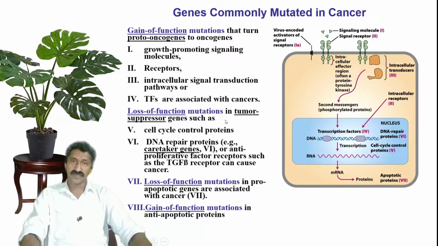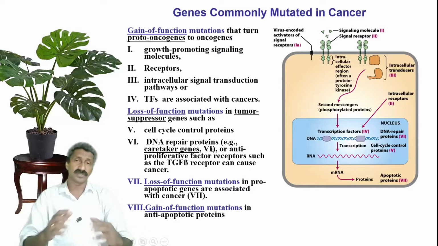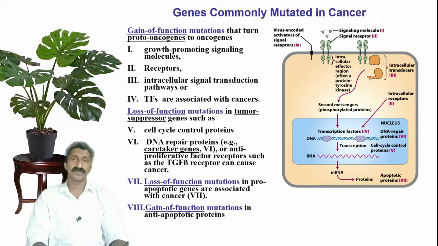Then loss of function mutations in tumor suppressor genes such as cell cycle control proteins. They are tumor suppressors. So cell cycle control proteins and DNA repair proteins, 5 and 6. These are cell cycle control and DNA repair proteins. For example, DNA repair proteins are also known as caretaker genes.